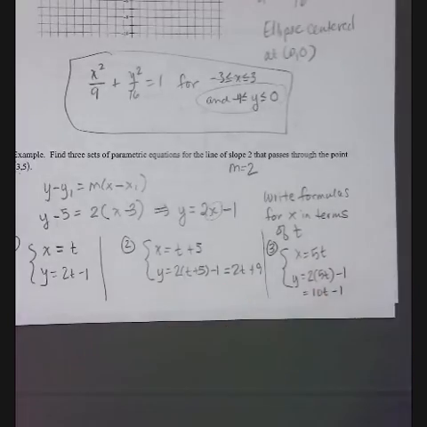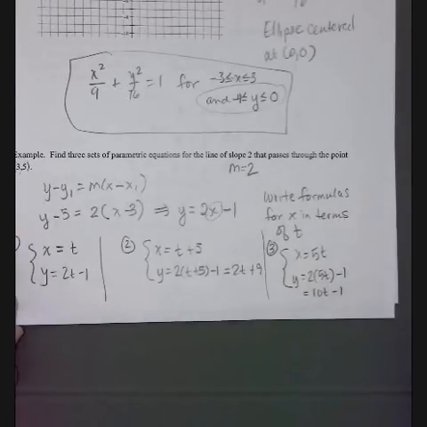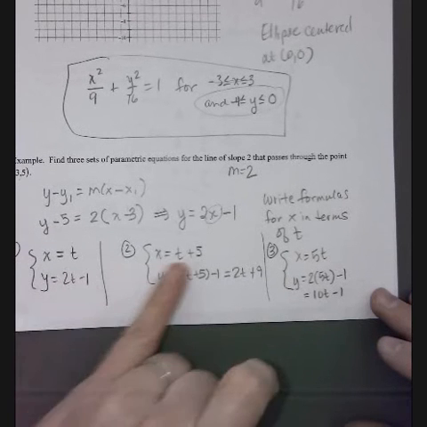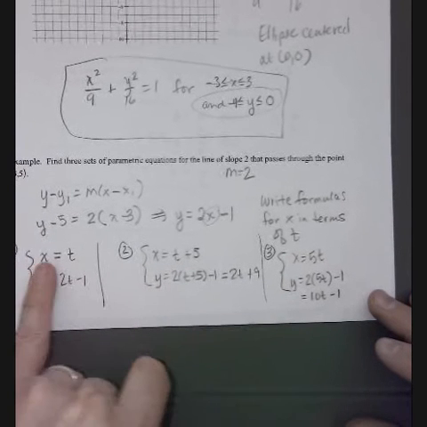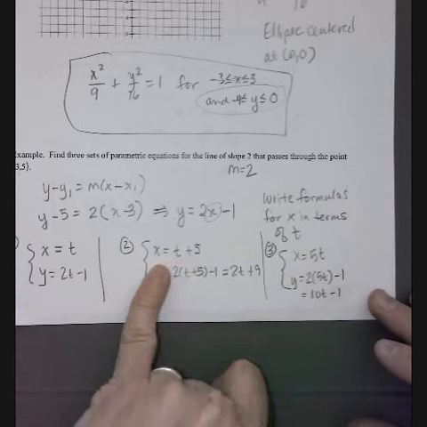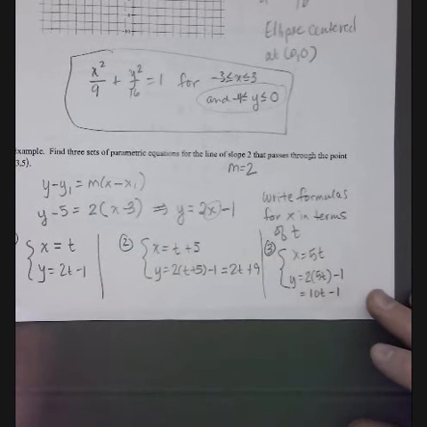There's an infinite number of possibilities for solutions here. All right, and then these, I should mention, in all of these, as t gets bigger, x will get bigger. So these would all trace this line from left to right.